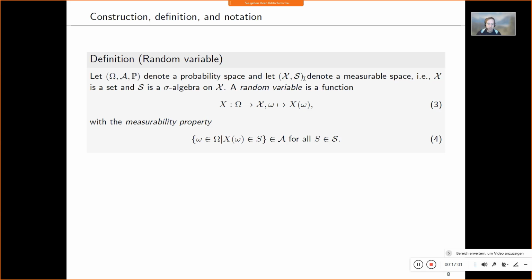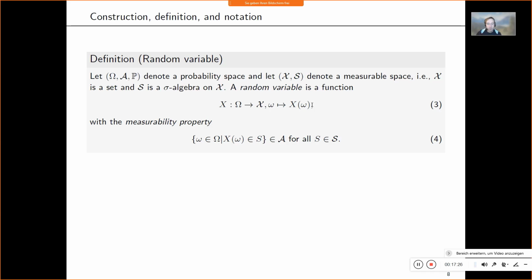A measurable space just means that it's a set with an associated sigma algebra. Then a random variable is a function from Omega to calligraphic X, which of course maps elementary outcomes in Omega onto its function values, X(omega).